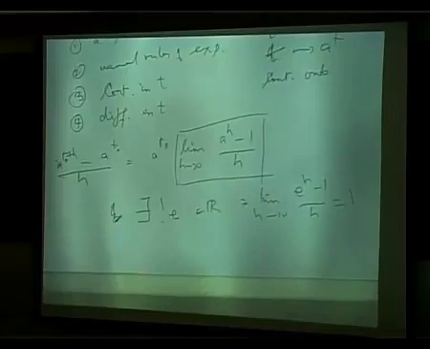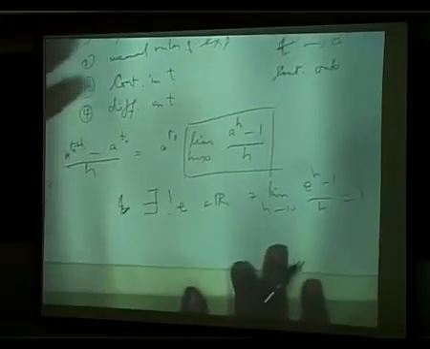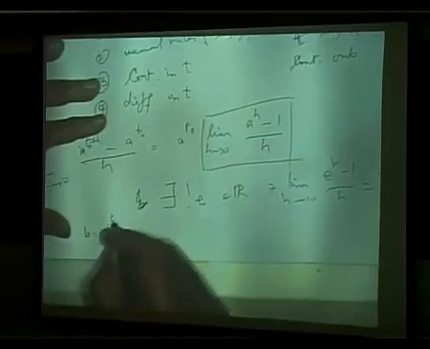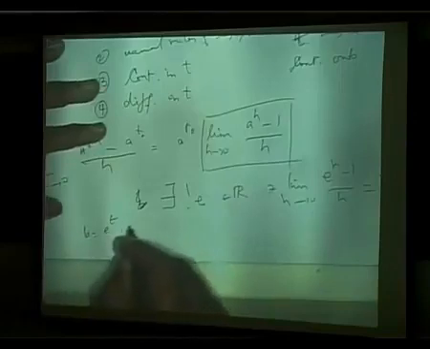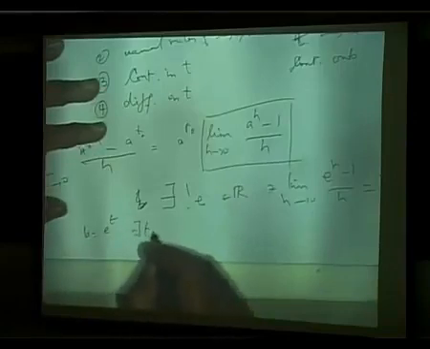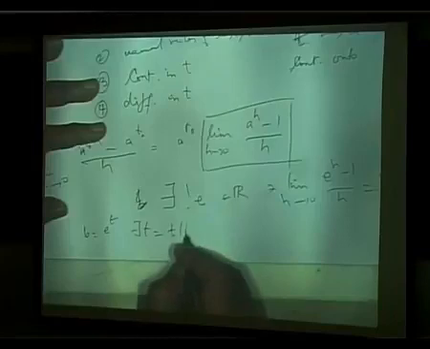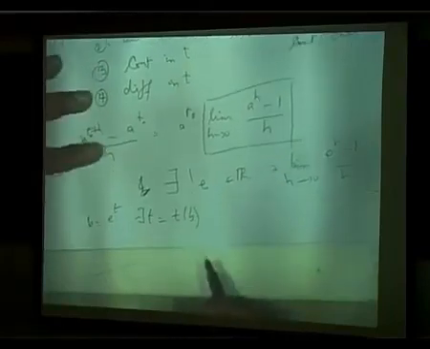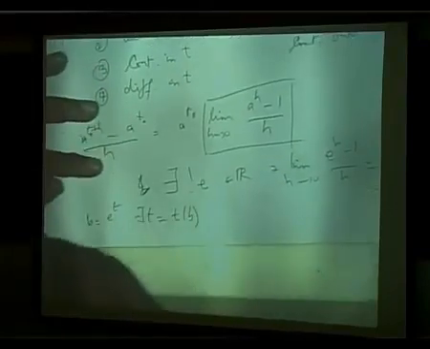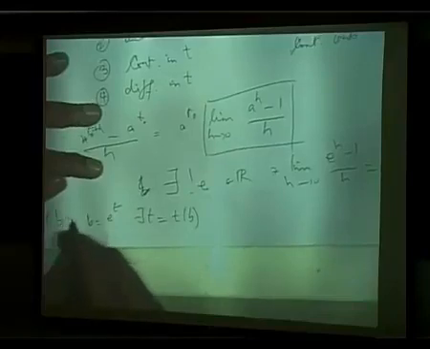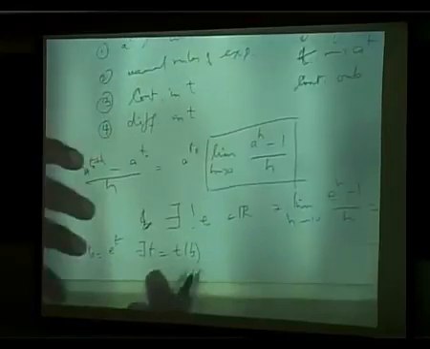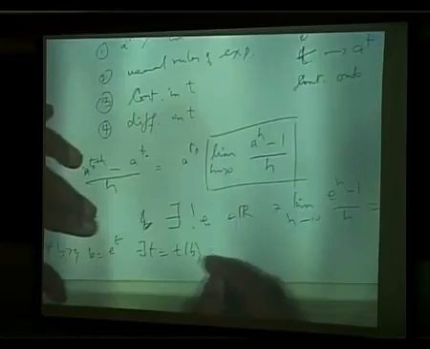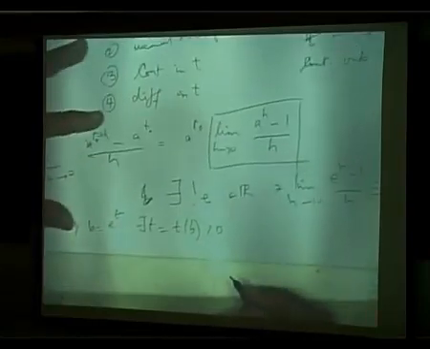There is a God-given number with all these wonderful magical properties, and what you're saying is that any positive number b can be written as e power t for some t. This t will be a function of b. For every b positive, you can find a t such that b can be written as e power t.